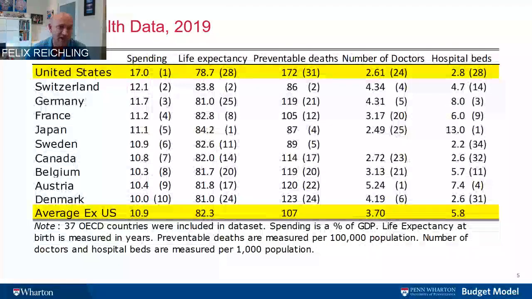So in addition to these factors here, the US also fails to fully insure its entire population.